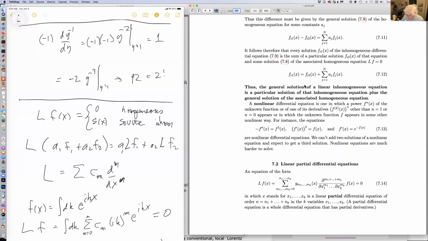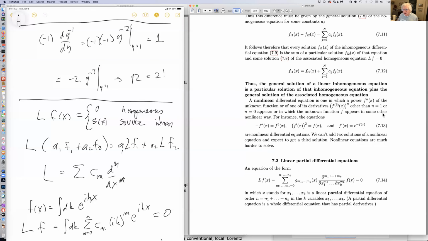So far we've been talking about linear differential equations. By comparison, they're trivial compared to nonlinear differential equations. Nonlinear differential equations are ones in which a power of the unknown function, or of one of its derivatives, occurs.